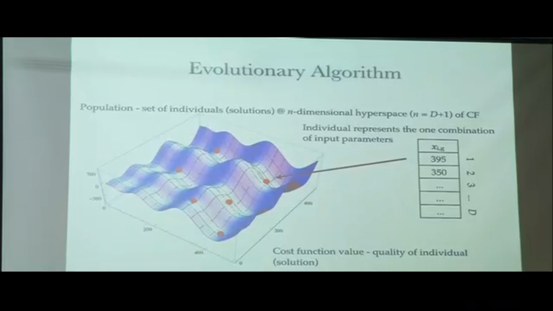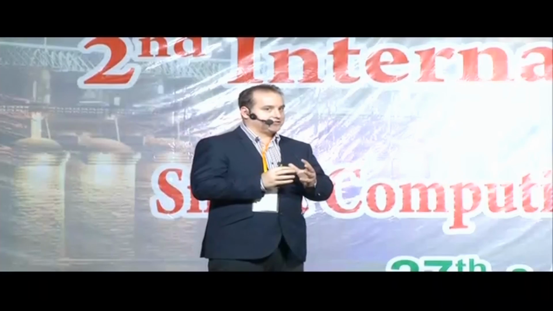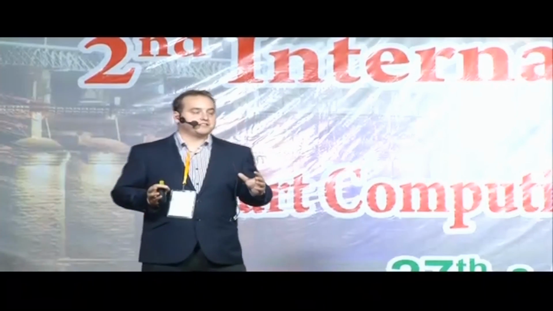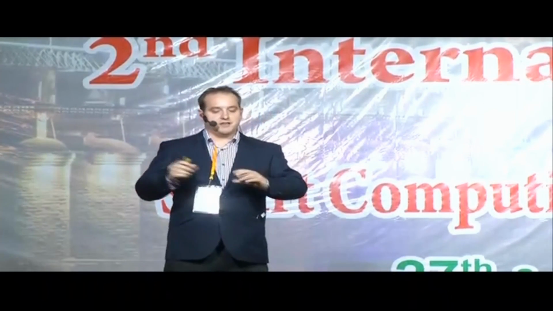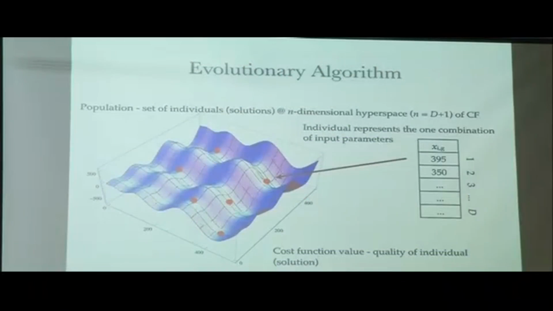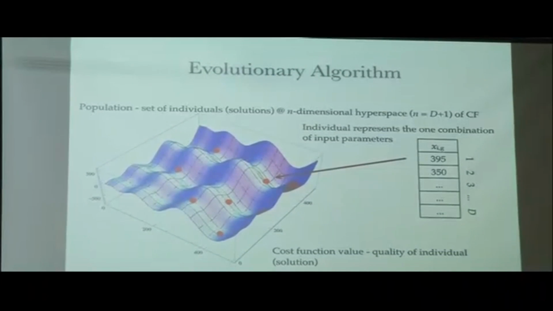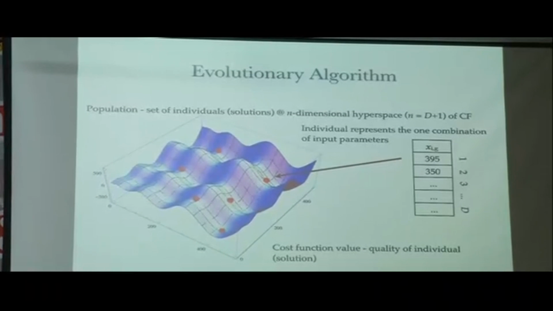This function could, for example, look like this. Every red dot is one solution. So the evolutionary algorithms are based on a very easy and smart idea: if we have a population, so we have several solutions spread on this cost function surface, which describes the quality of the solution, then we perform any process inspired by nature.